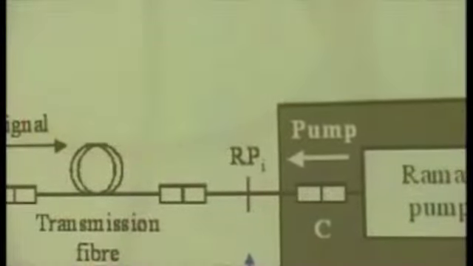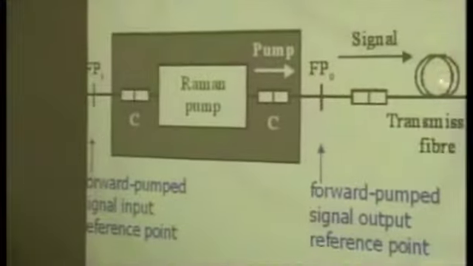And this is the case most often used, the bidirectionally pumped Raman amplifier. It's just a combination of reverse pumping and forward pumping. And this is maybe a transmission fiber with a length of 80 kilometers or 100 kilometers. So you can amplify the optical signal in the transmission fiber by Raman amplification.